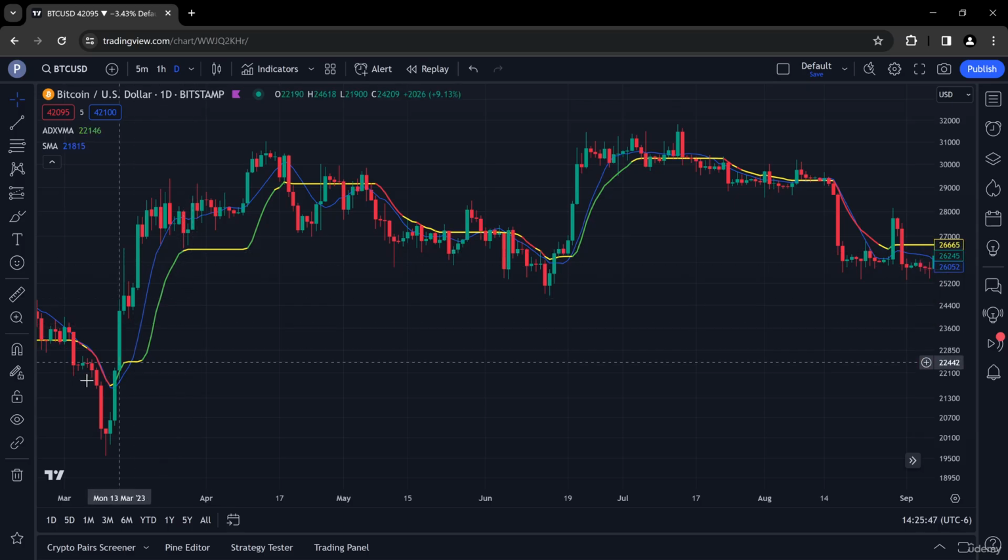For example, when the moving average is trending up, meaning that the current moving average value, this blue line, is bigger than the previous moving average value. That is one interpretation indicating that the moving average is bullish, it's trending up.